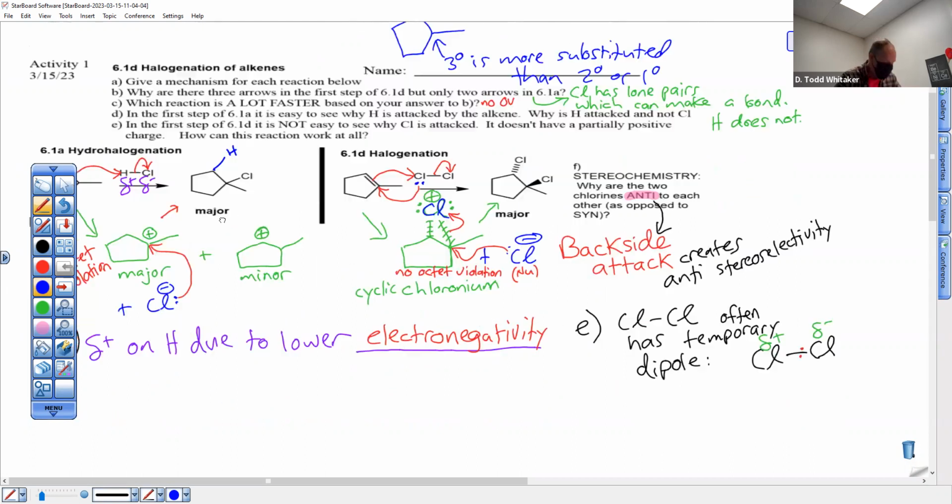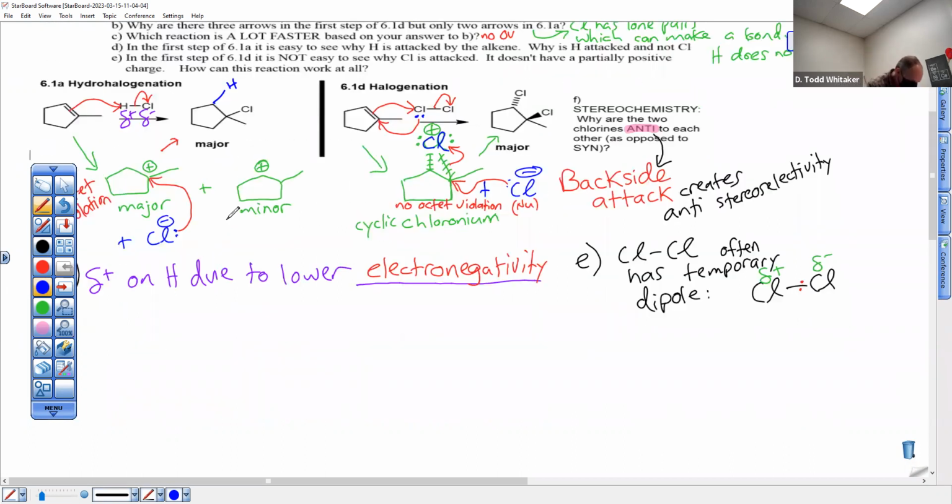And if you had to draw the minor product, it has the Cl here. That's called anti-Markovnikov, which is very unfortunate because it has the anti in it.